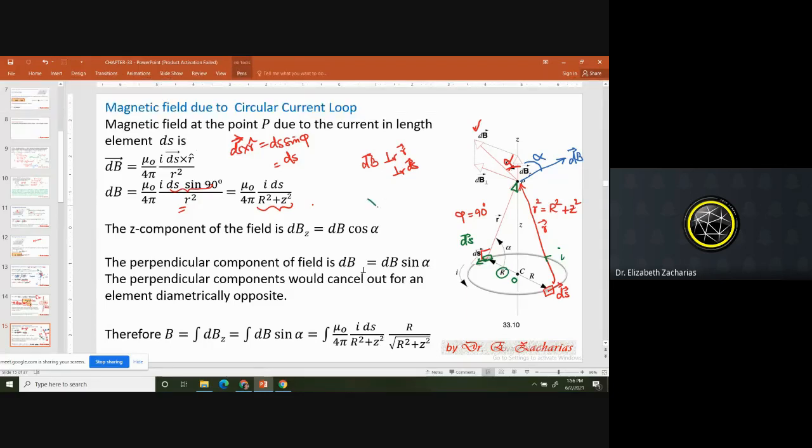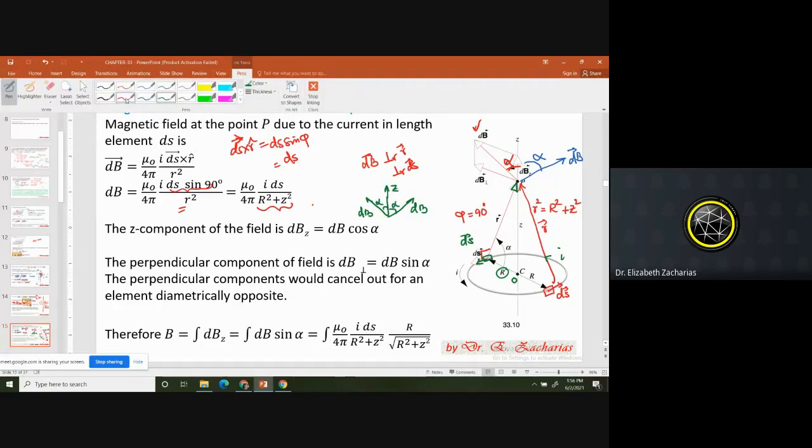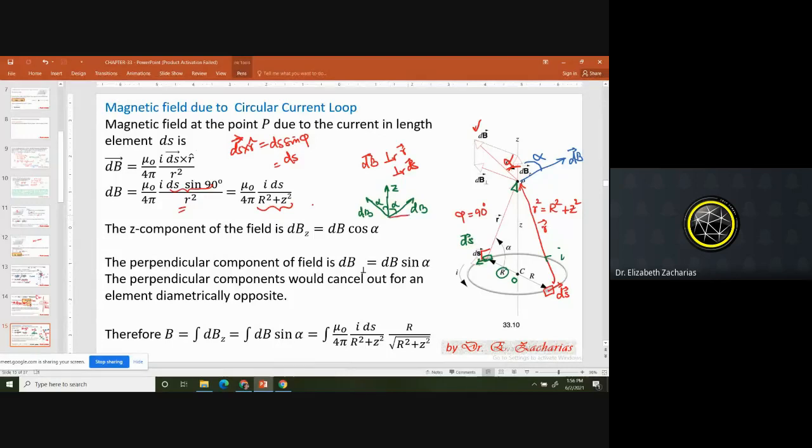I will add two vectors like this, dB and a vector dB, making an angle alpha with the z-axis.